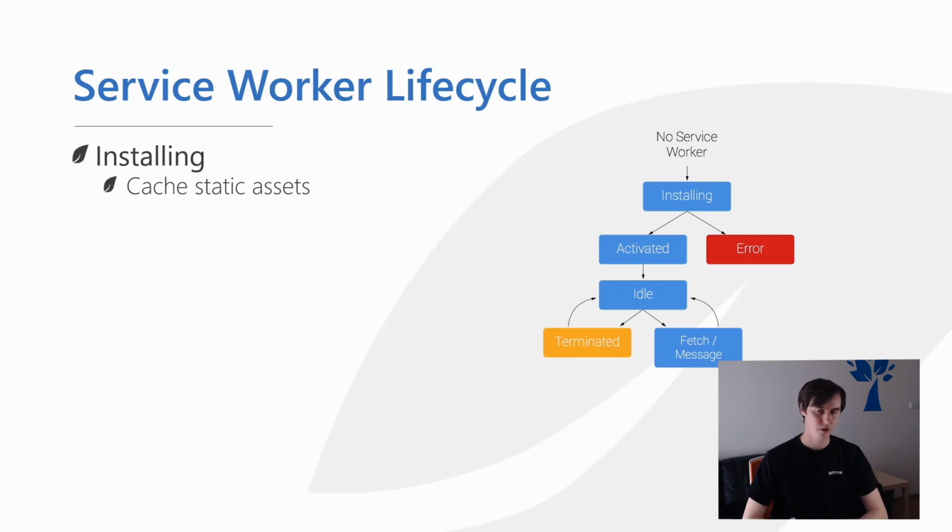In this phase, you can set it to load the data that you want to cache on the device. So you can set it to load some images, some HTML files, and so on. Then when they get cached, it can use them in further requests to respond with the object from the cache.